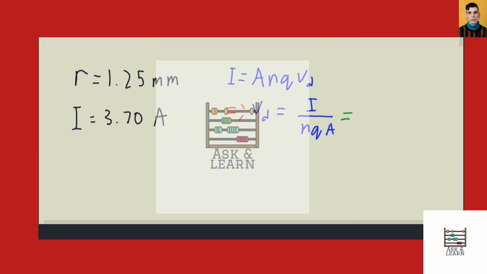And since we're working with a circular area, we can rewrite A as pi r squared.